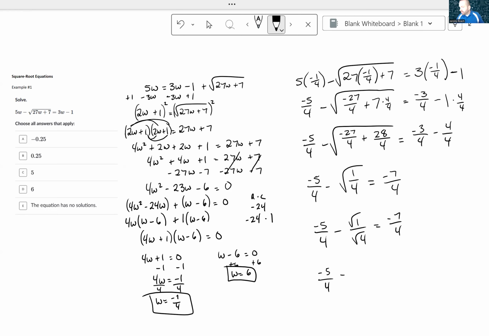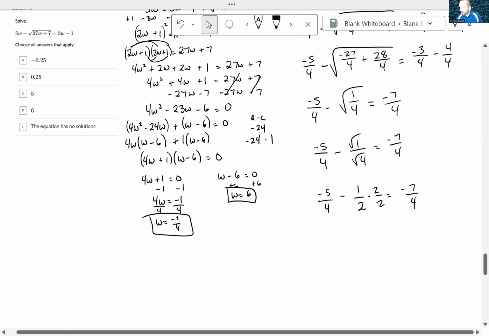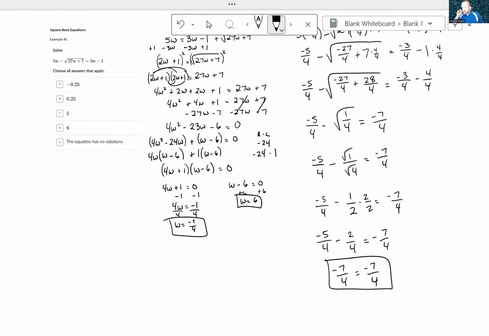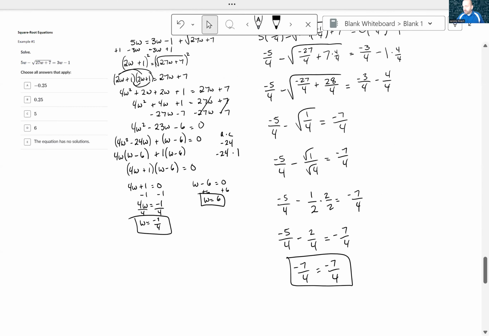Square root of 4 is 2. And we want common denominator again, so we're going to times by 2 over 2. We get negative 5 over 4 minus 2/4 equals negative 7 over 4. We get negative 7 over 4 equals negative 7 over 4. Okay, so that's w equals negative 1/4. That solution checks out. So negative 1/4 is one of our answers.